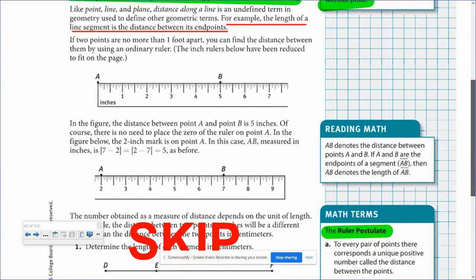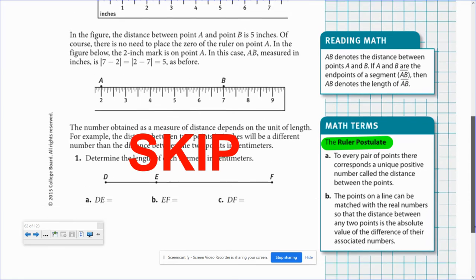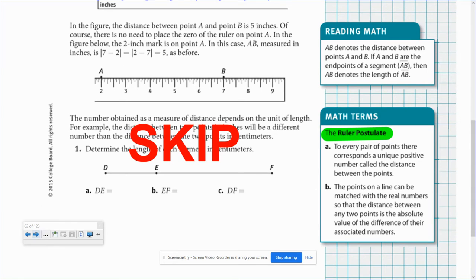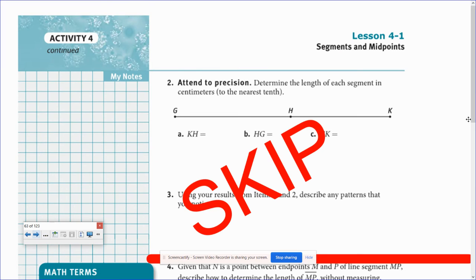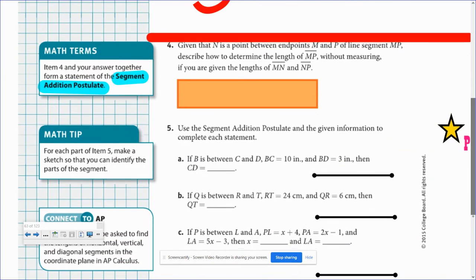So on this first page, they kind of just have us go through measuring something on a ruler. So I'm going to skip that and just jump to question 4 in your book. We have, given that N is a point between the endpoints M and P of a line segment MP, we're going to describe how to determine the length of NP without measuring if you know the lengths of MN and NP.